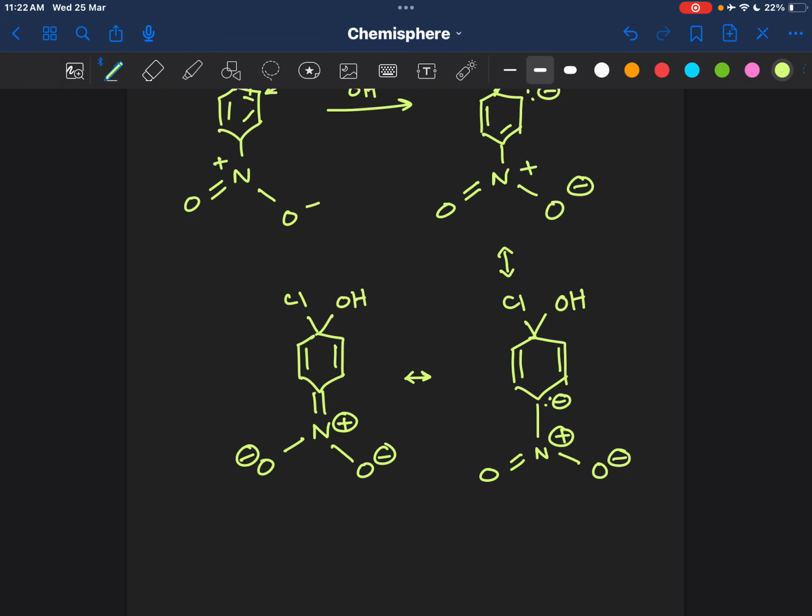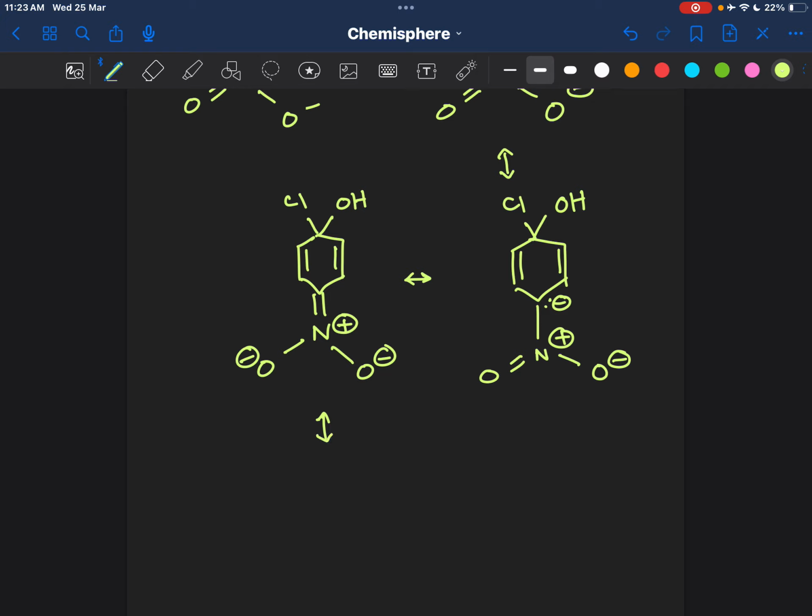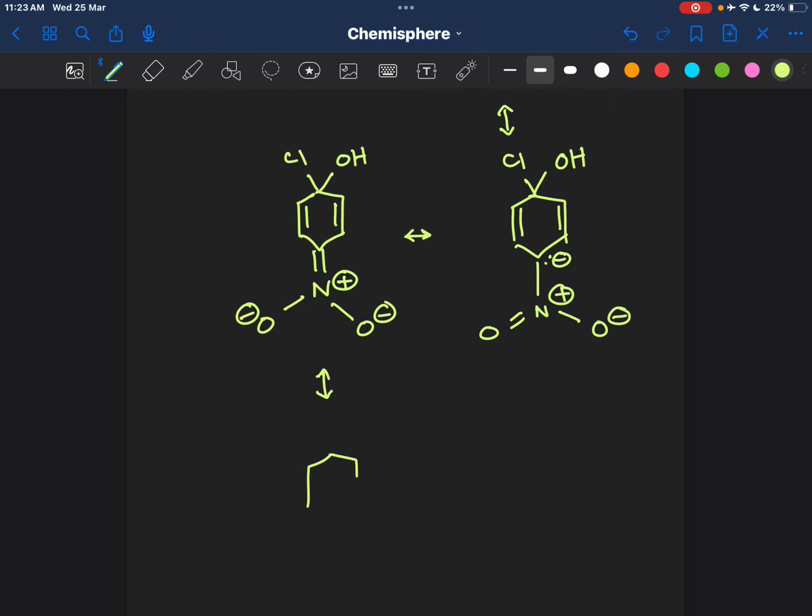Cool. Now the next resonance diagram will be, this will go back, and this will become an electron pair, a pi bond here. So we'll be getting Cl, OH, and also this pair will shift here, right? So we'll get a lone pair here, negative charge. This will shift here, and this will shift here.